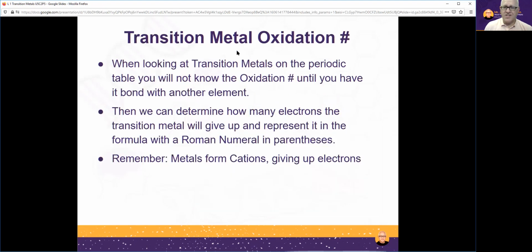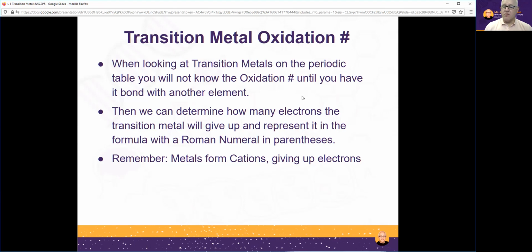So what is a transition metal oxidation number? Well, when looking at transition metals on the periodic table, you will not know the oxidation number until you have it bond with another element. And so we're going to need to see how many electrons the transition metal will give up and represent it in a formula with a Roman numeral in parentheses.